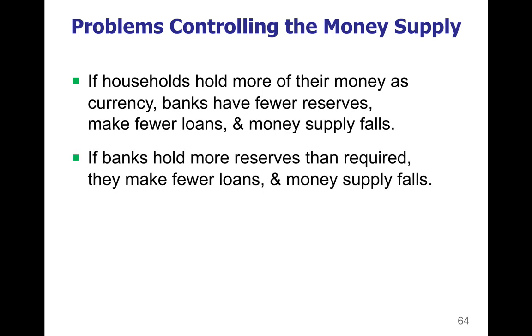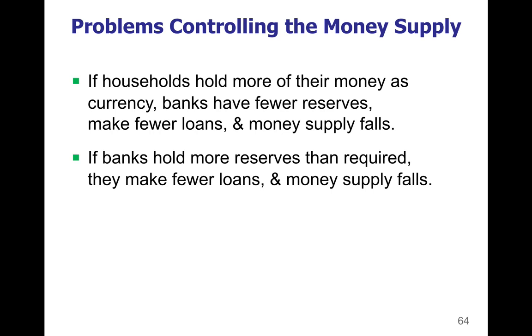If banks decide that they suddenly want to hold more excess reserves than required reserves, then that also means they can make fewer loans. So sometimes the banks get a little gun shy. After a major recession, let's say where the bank lost a lot of money or had to get a bailout from the government, the next time the economy starts to get out of the recession, they might be a little more timid and might be really strict with who they're going to loan their money to, and thus they're only going to give money to people with the very best credit.